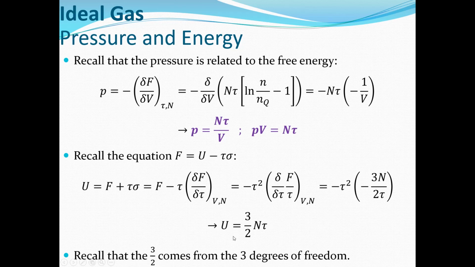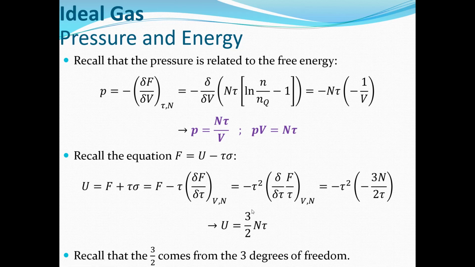Now, one thing that I want to note really quick, because I think we're going to be talking about it in a bit, is to remember that this coefficient, this 3 halves, is coming from the fact that we're talking about monatomic gases that are only allowed translational kinetic energy.